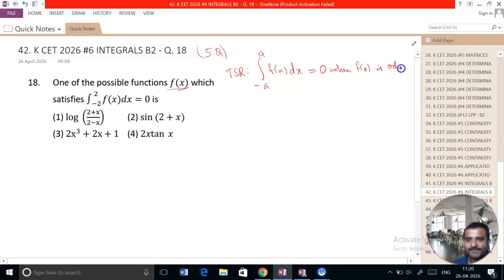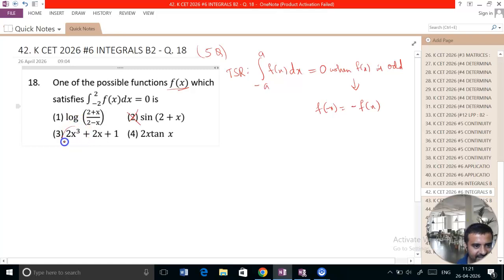So here, very simple, we have to find the odd function from the options. When I look at option A, it is a log. If you have any confusion, go through option 2, sine of 2 plus x. We say the function is odd whenever f of minus x is equal to minus f of x. So sine of 2 plus x changes to sine of 2 minus x, and this is not equal to minus f of x. Option 2 is not correct.